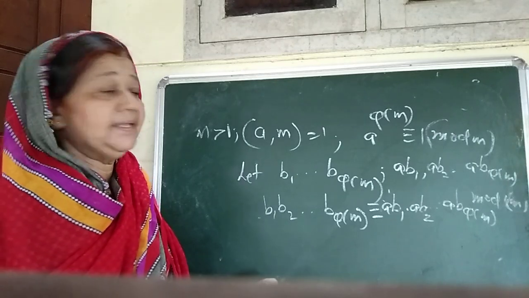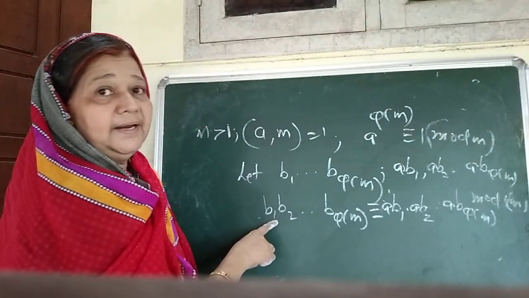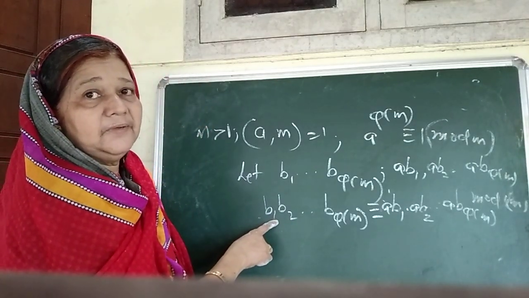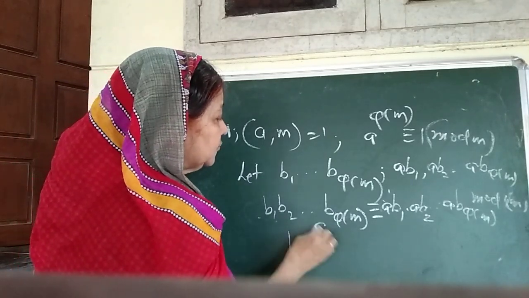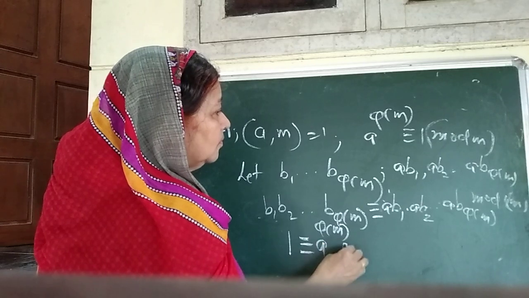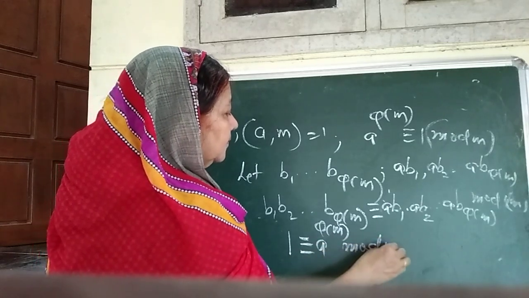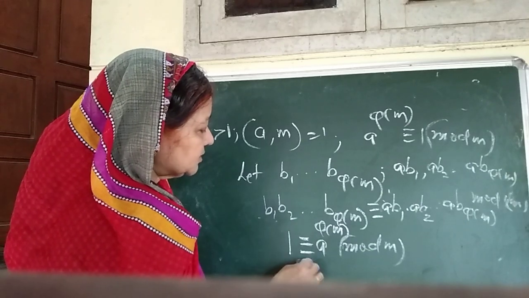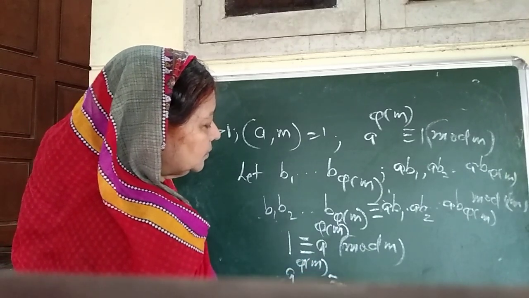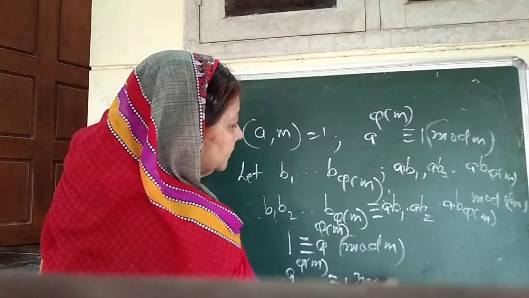We see that it is phi m times. Therefore, we can divide throughout by b1, b2, etc. b phi m. We get 1 is congruent to a raised to phi of m modulo m. Due to symmetry, we have a raised to phi m is congruent to 1 modulo m.